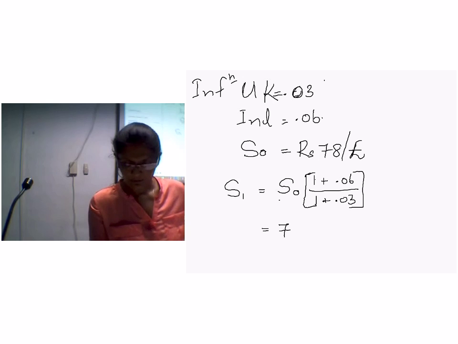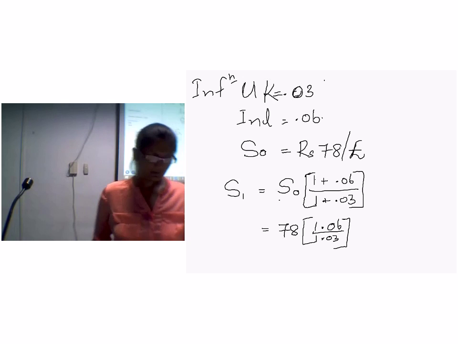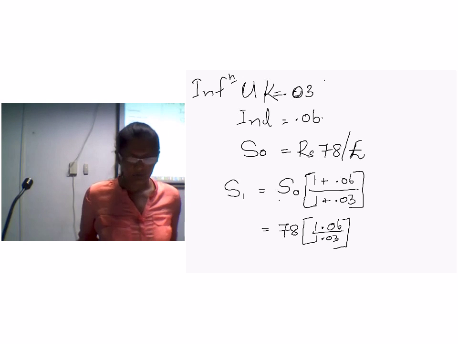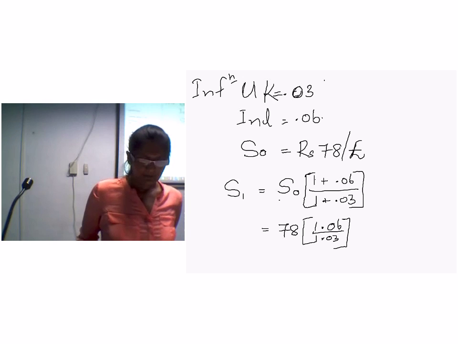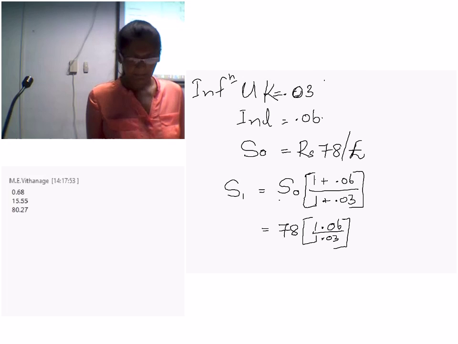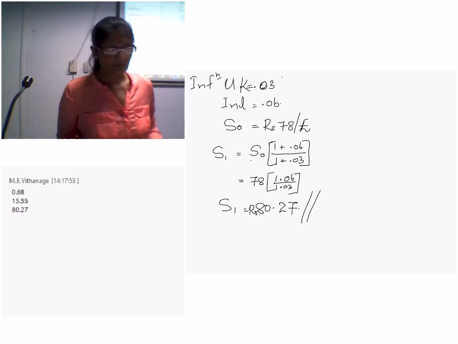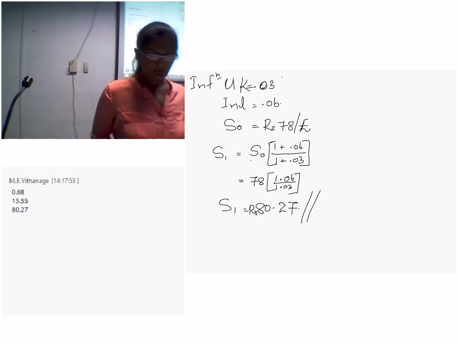This is going to be 78 rupees times 1.06 divided by 1.03. Is the answer greater than S0 or smaller than S0? S1 is 80.27 rupees. That is the answer for question number 1.